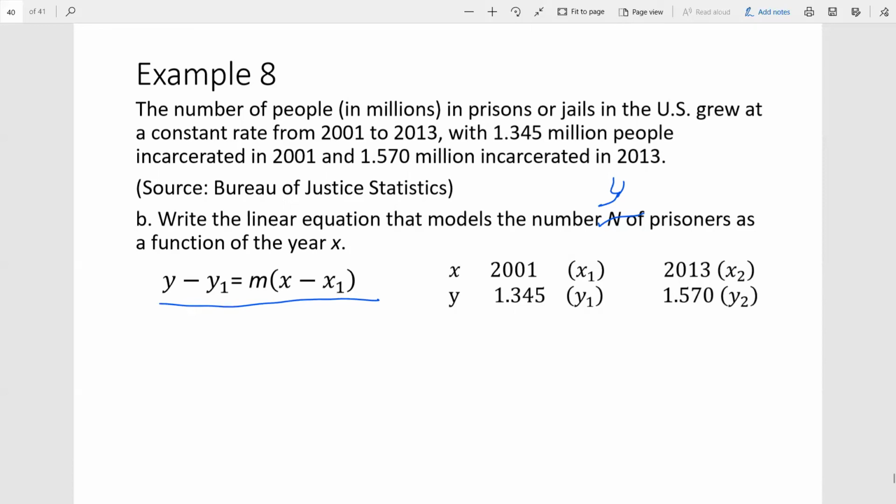And so y minus y1 is y minus 1.345, equal to m, which is 0.01875, times x minus x1, which is 2001.